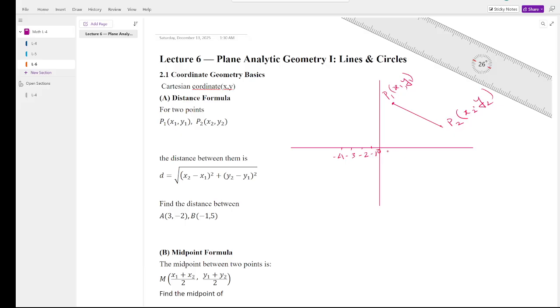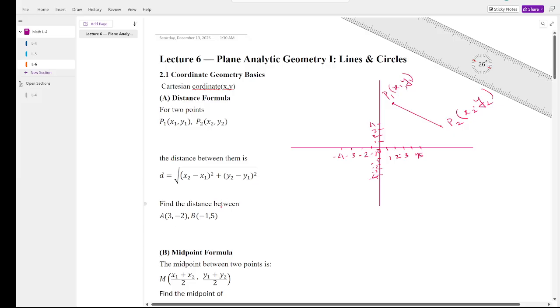This point is 0. This point 1, 2, 3, 4, 5, and downward 1, 2, 3, 4 on the negative side as well.